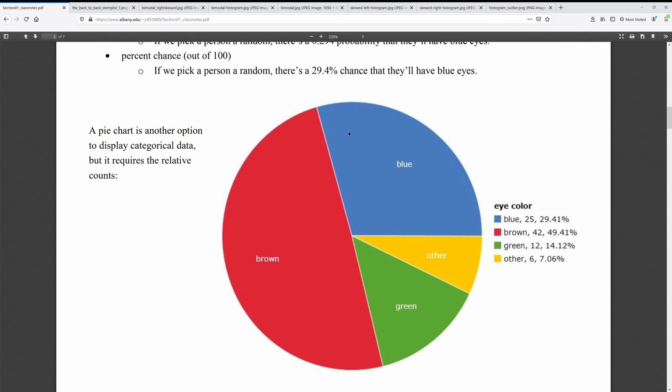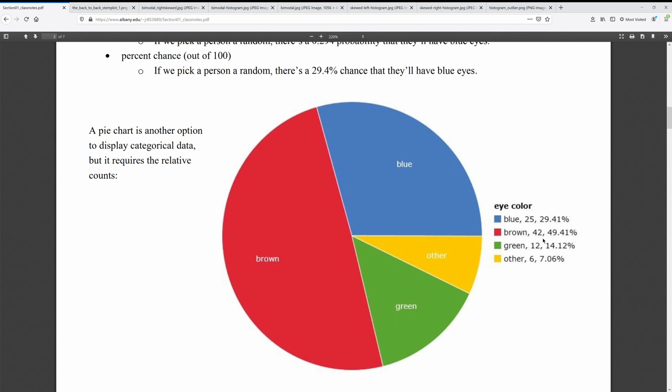But bear in mind that the wedges represent how much out of the total, how much out of 100, how much out of 1. So this is 29.4-ish of the total arc distance, a little more than a quarter, a little more than 25%, right? The green one, on the other hand, is 14% of the total distance, right?